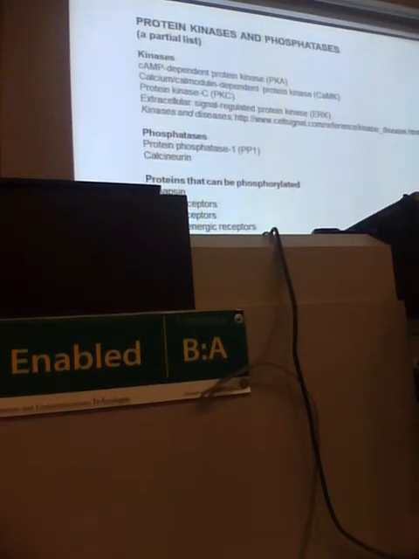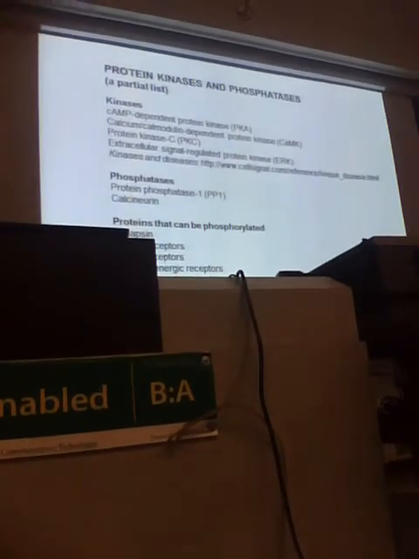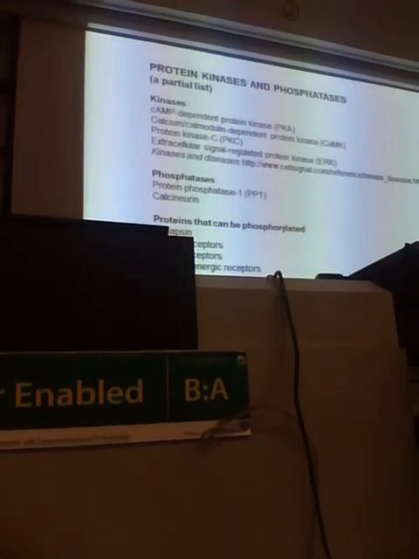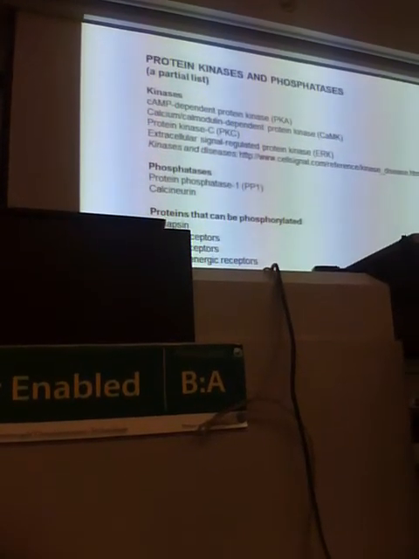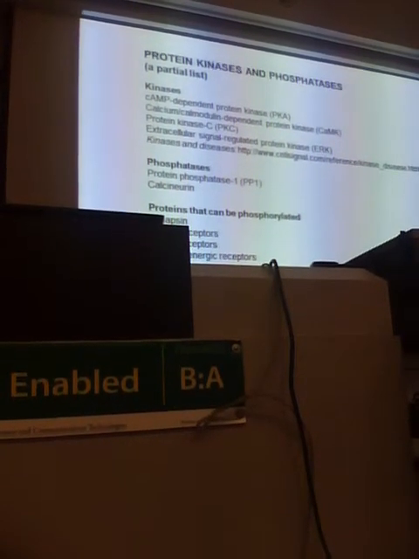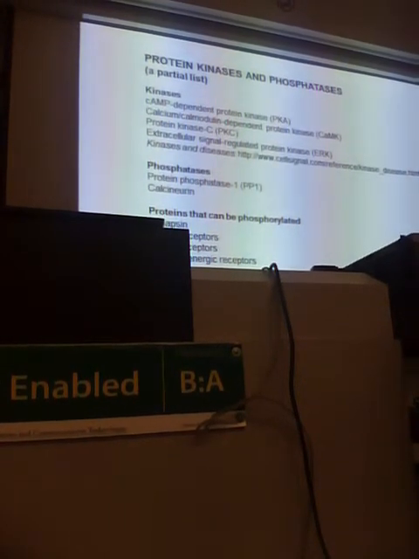So in a nutshell, tight regulation of kinase activity is crucial for normal health. Too much kinase activity and you often end up with cancer, which makes sense because kinases regulate cell growth. You get too much kinase activity, you get a loss of control of cell growth, which is the definition of cancer.